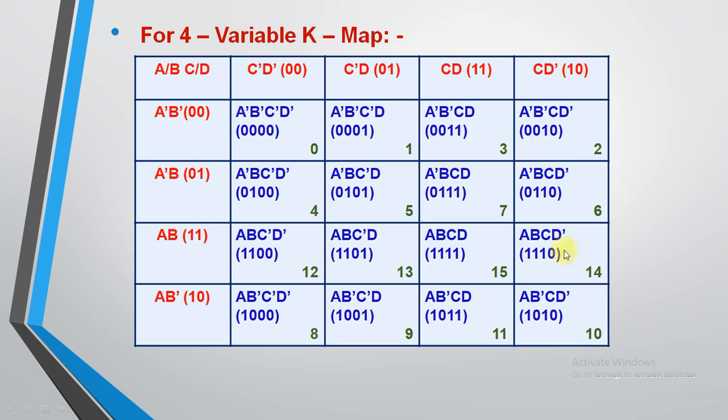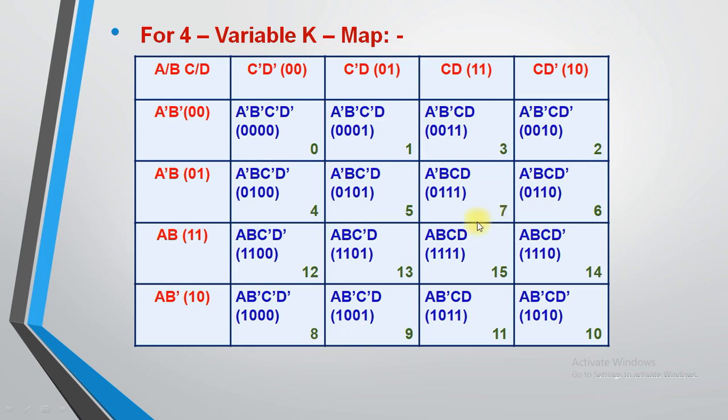Now how to give a number? First of all, we need to start with 0, then 1, then we have switched the column. So that's why 2 I need to write over here, then 3, 4, 5, 6, 7. 7 is the last number. So the next number is 8.